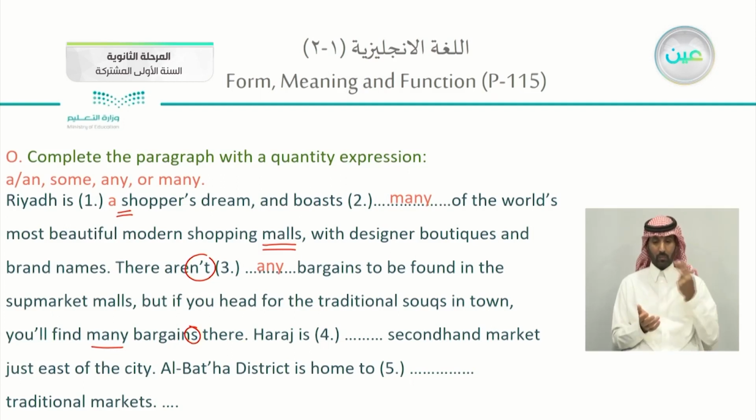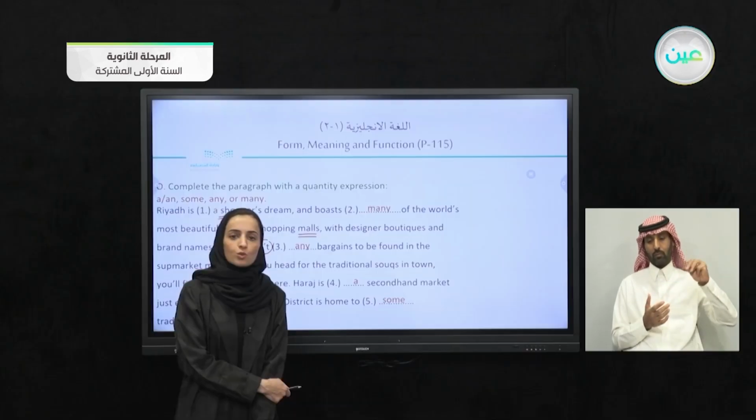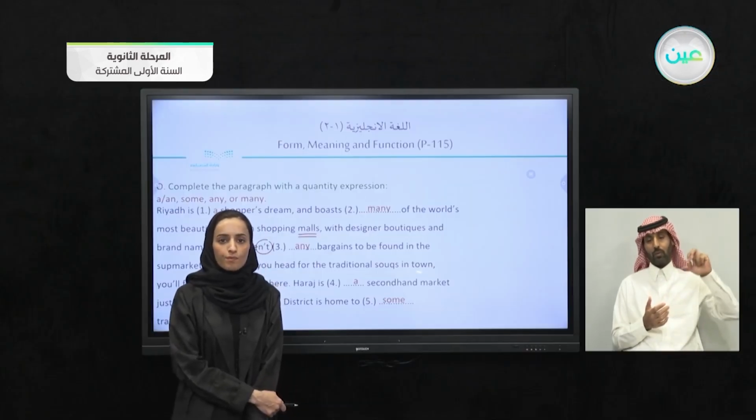Haraj is a second-hand market. We can say it is one second-hand market just east of the city. Al-Batha district is home to some traditional markets. Notice market is a count noun, plural count noun. I will say some, not any, because this one is an affirmative sentence.